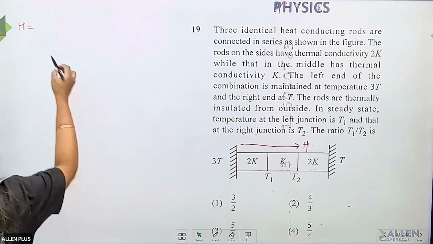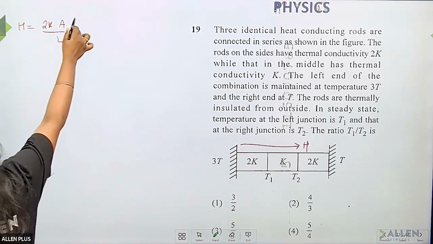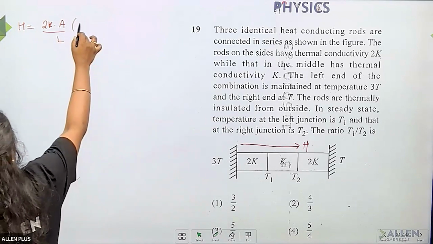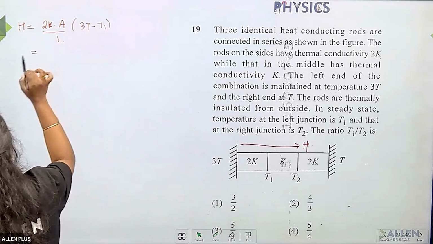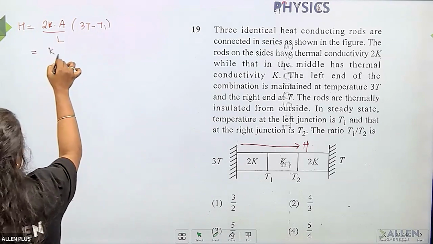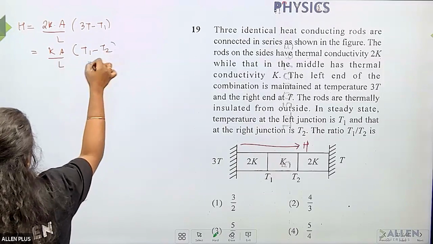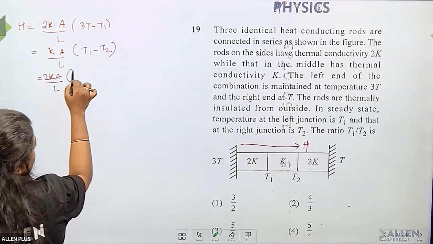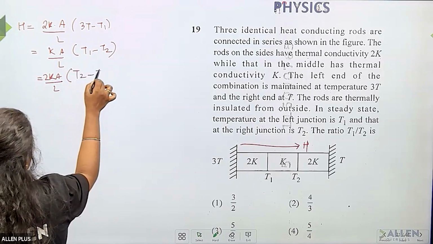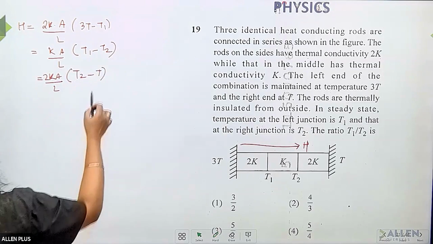For the first conductor, 2K into A divided by L. What is the temperature difference here? 3T minus T1. This will be equal to K A by L into T1 minus T2. And this will also be equal to 2K A by L into T2 minus T. Now what you have to do?